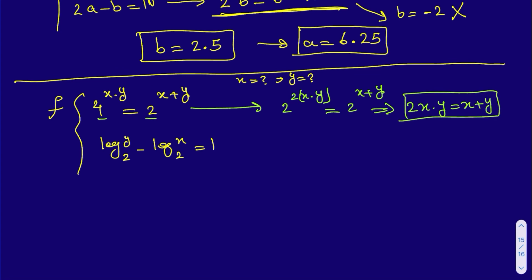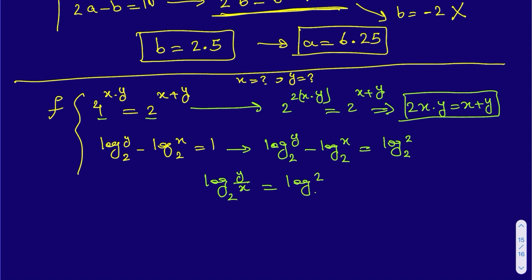And another one here, I can write log y to base 2 minus log x to base 2 is equal to log, instead of 1 I can write log 2 to base 2. Then I can write log (y divided by x) to base 2 is equal to log 2 to base 2, which I can conclude here y divided by x must be equal to 2.